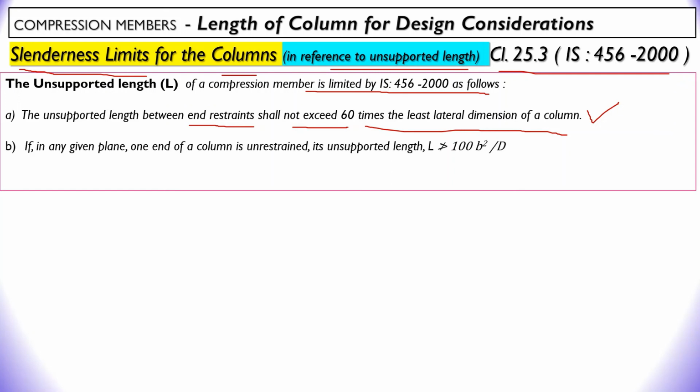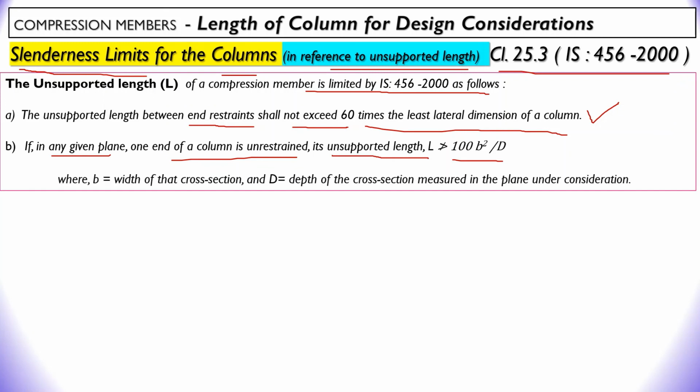Second point of discussion is, if in any given plane one end of the column is unrestrained, then its unsupported length should not be greater than 100 b squared by D. Now what is b? b is the width of the cross section of the column, and capital D is the depth of the cross section measured in the plane under consideration.